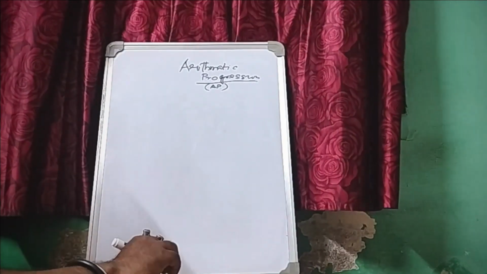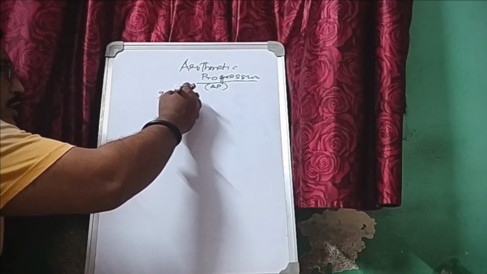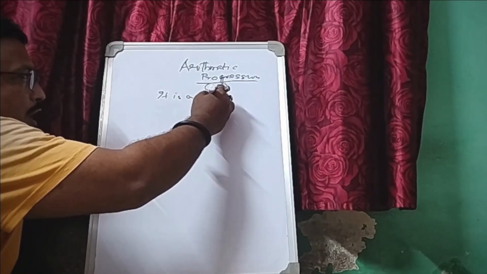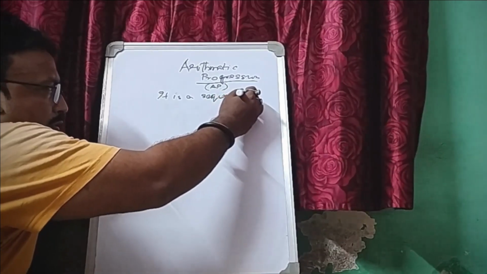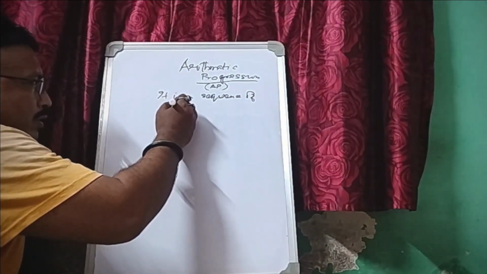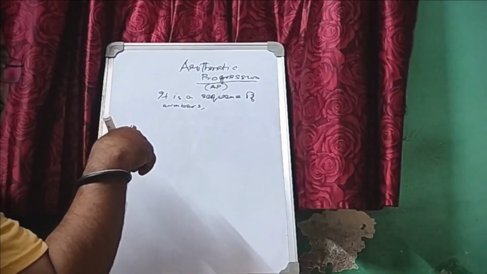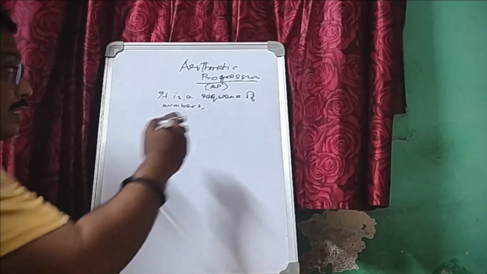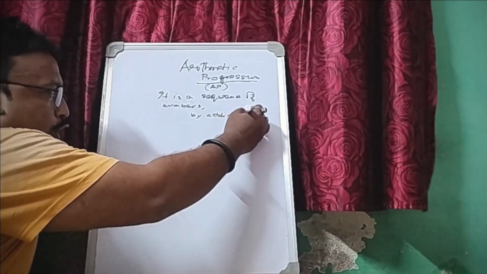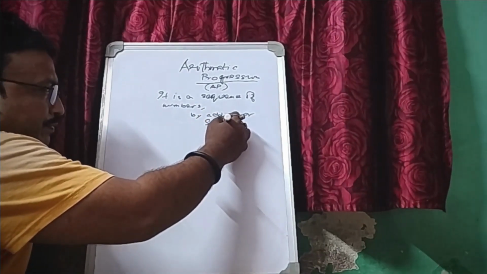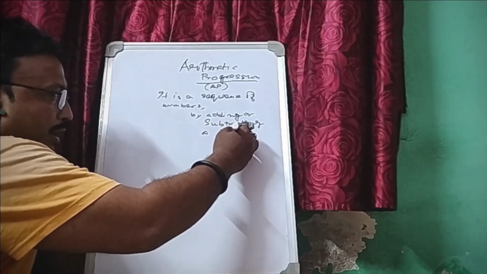Arithmetic progression is a sequence of numbers which you can obtain by adding or subtracting a fixed number.